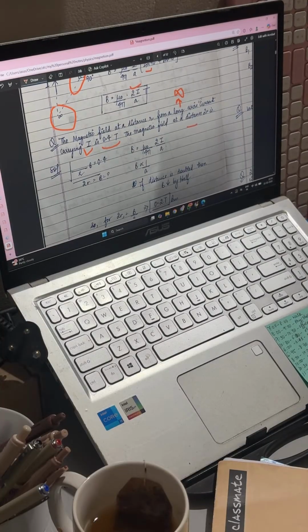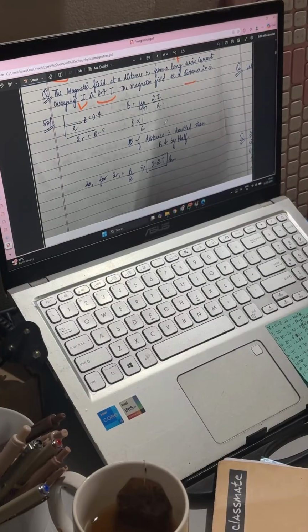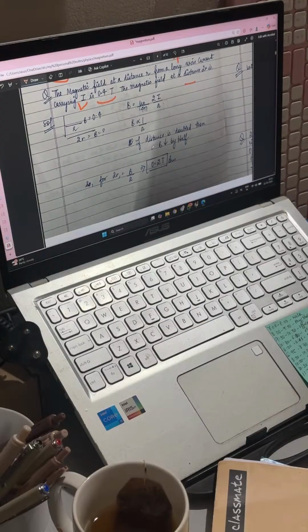Because I have mentioned it is a long wire, the formula becomes B = 2I upon r. So if everything is constant, B is inversely proportional to r. If the distance is doubled, that is 2r, then B becomes half. Correct? So it will become B by 2. This is basically, if it is 0.4 Tesla, this will become 0.2 Tesla. That's your answer.